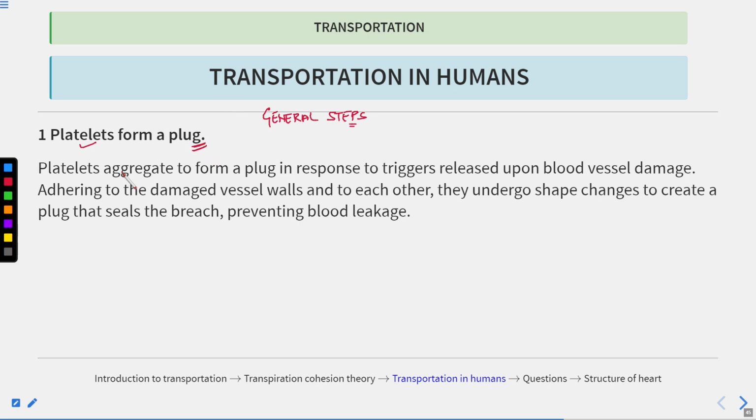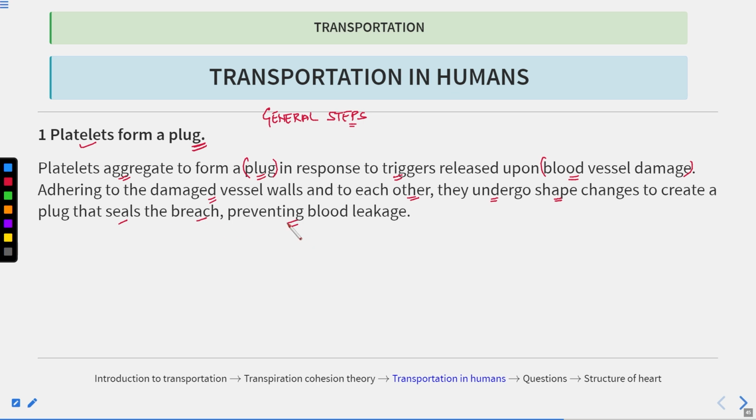When this plug is formed, the platelets aggregate to form a plug in response to the triggers released upon blood vessel damage. Whenever there is a cut or some injury, the blood vessels get damaged, and this damage triggers a response in which the blood platelets aggregate to form a plug. Adhering to the damaged vessel walls and to each other, they undergo shape changes to create a plug that seals the breach, preventing blood leakage.